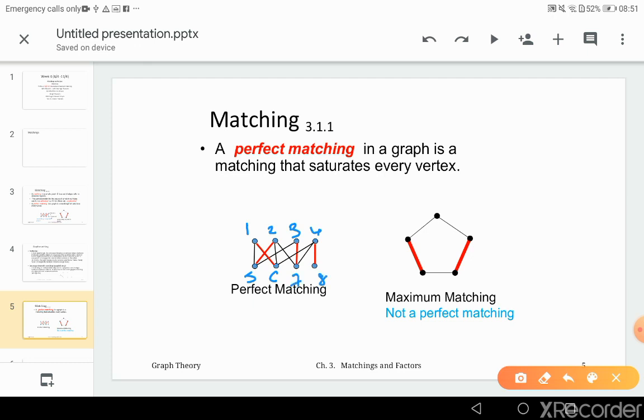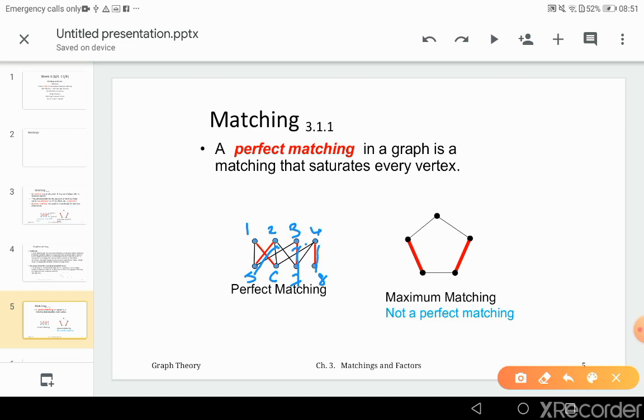Do you see any unsaturated vertex? Vertex 1 is matched with vertex 6, vertex 2 with vertex 5, vertex 3 with vertex 7, and vertex 4 with vertex 8.